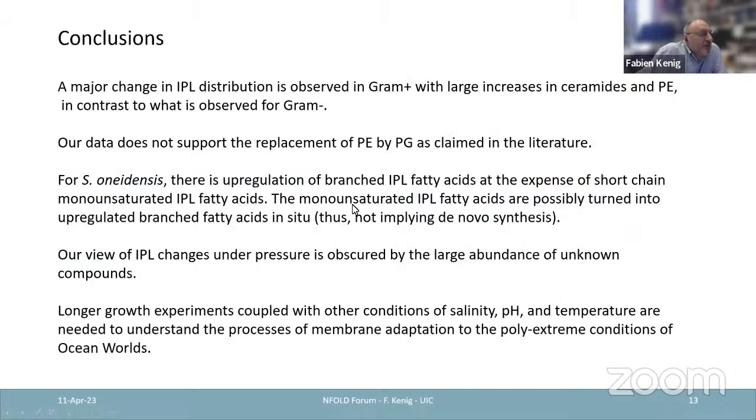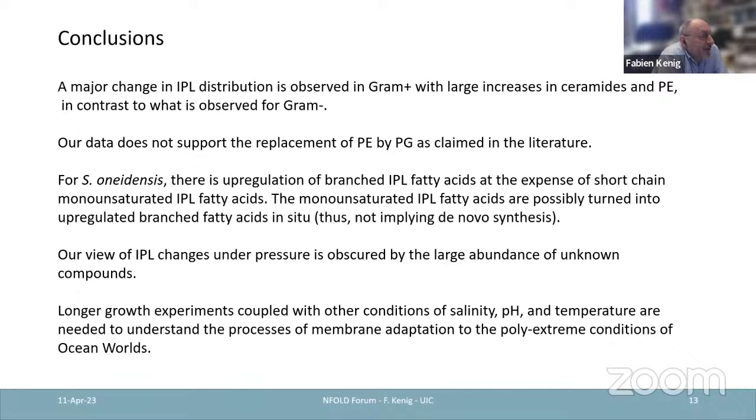So we can conclude that for these different bacteria, the gram-positive Staphylococcus and the gram-negative, we have different behavior in front of pressure. So the gram-positive had a complete change in polar heads with a development of ceramides. So clearly there was synthesis there.